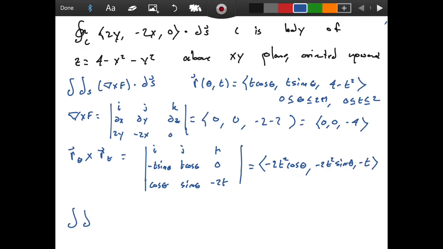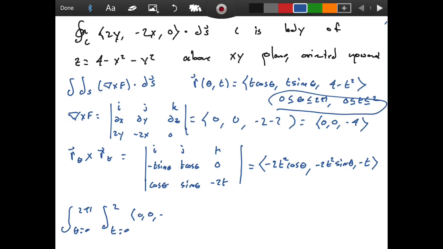Okay, so now we're looking at the surface integral. The parameter domain is this parameter domain here. So this is theta equals 0 to 2 pi, t equals 0 to 2. The curl of F is 0, 0, minus 4. And now we dot this with, in our case, rt cross r theta.